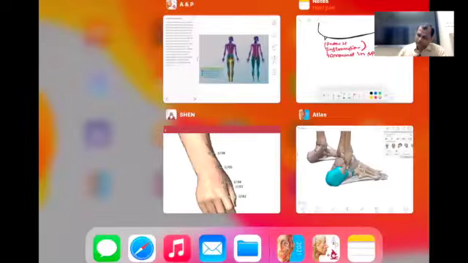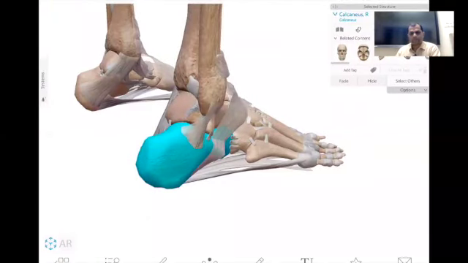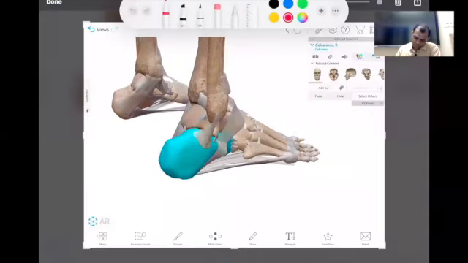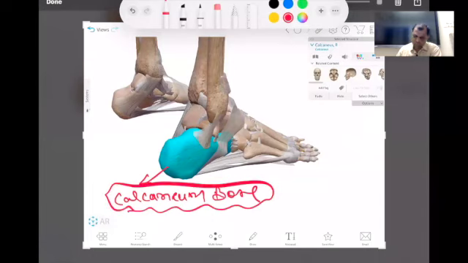So look at the feet. Let's go and see the feet. This is the feet, and this is the bone. The name of this bone is calcaneum bone. If there is an unwanted growth in this bone, it is called spur. The growth is like a sprout, like we can see sprouts in seeds.